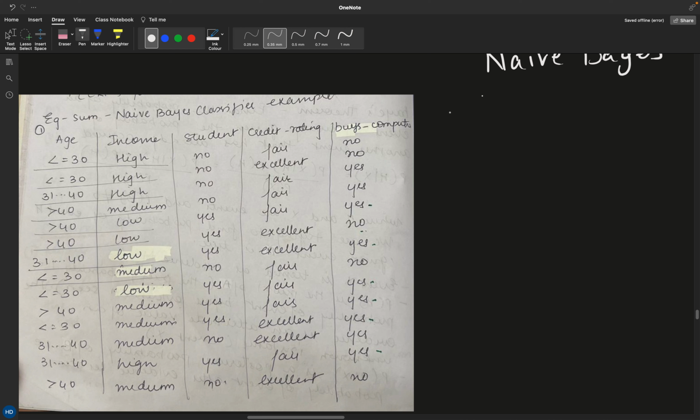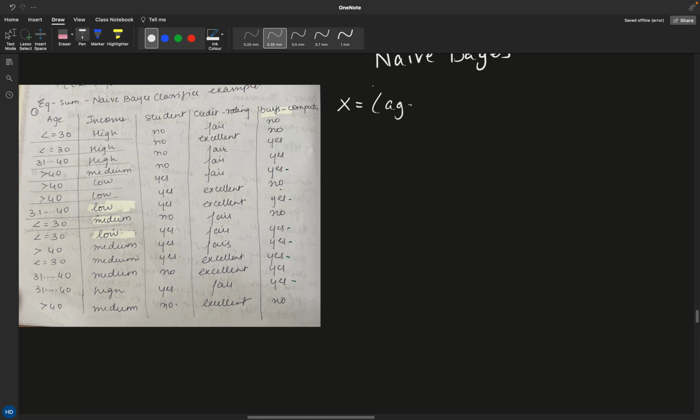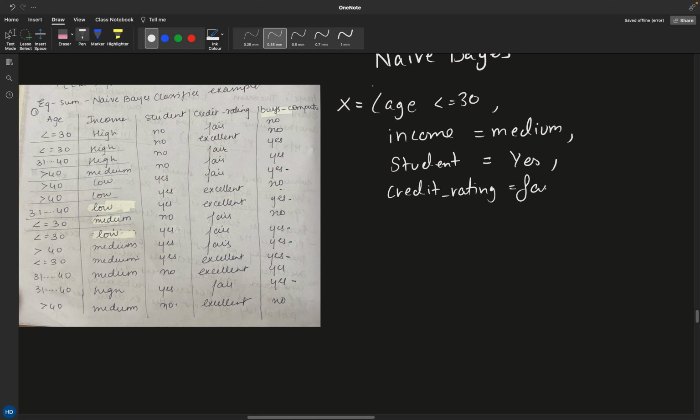So let's say the question asks for X where, let's zoom out a bit, the age is less than or equal to 30, the income of that person is medium, the person is a student, that is yes, and their credit rating is fair.